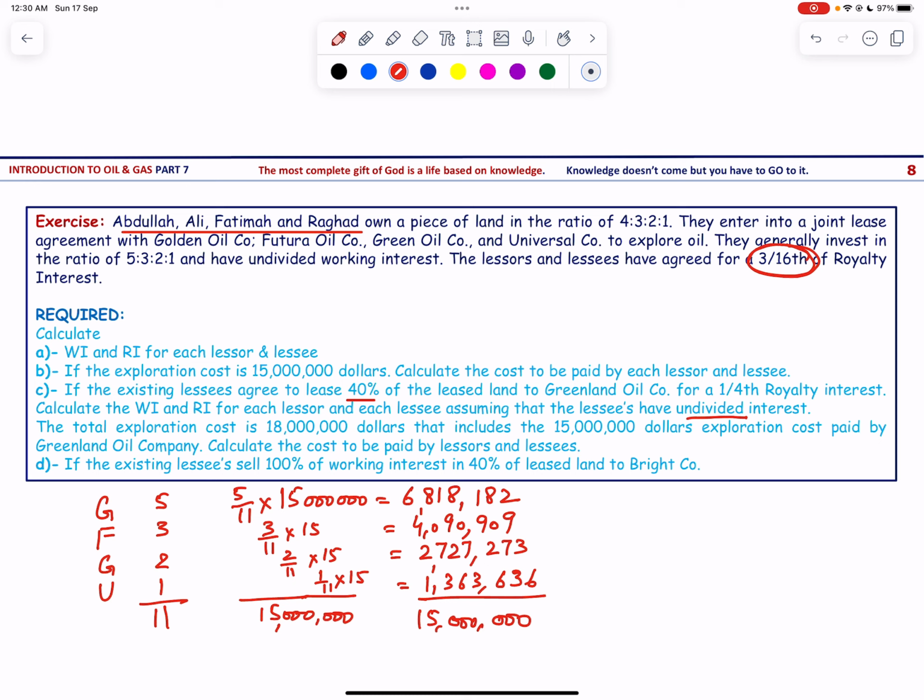Now, they have agreed to lease 40% of the leased land to Green Oil Company.